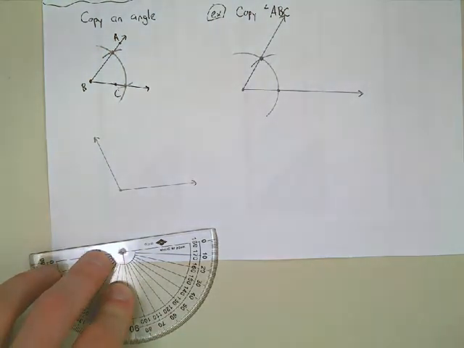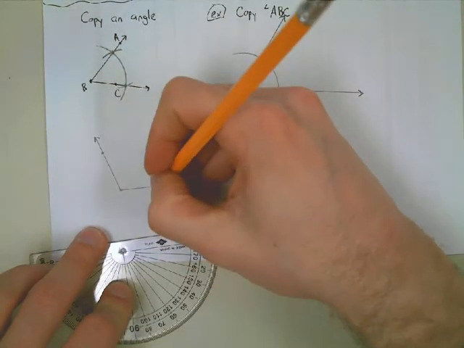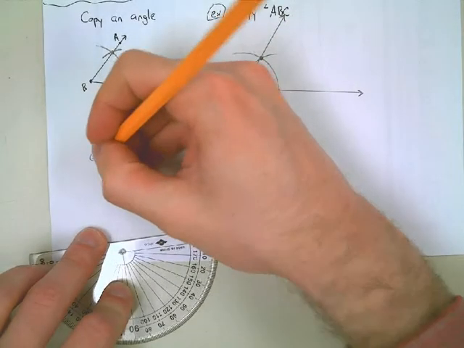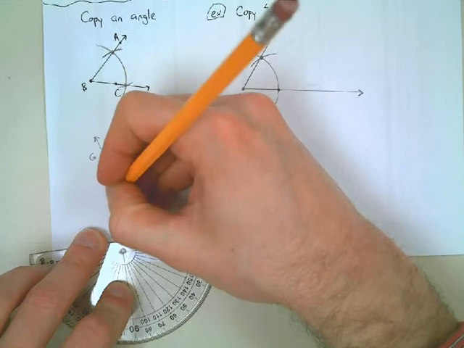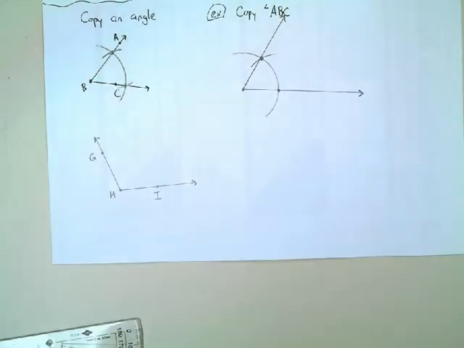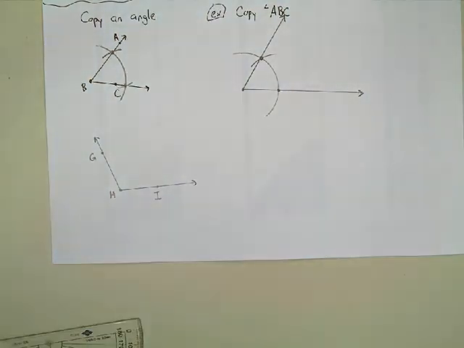I'm going to call this angle GHI. So nice obtuse angle, and just call that GHI.